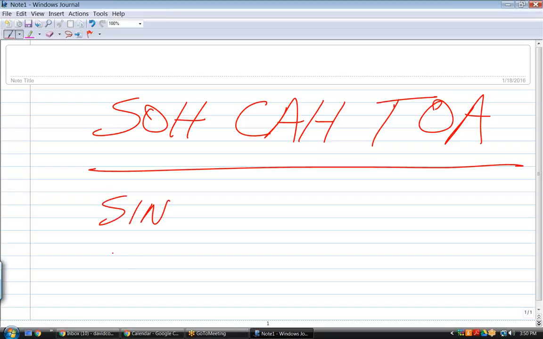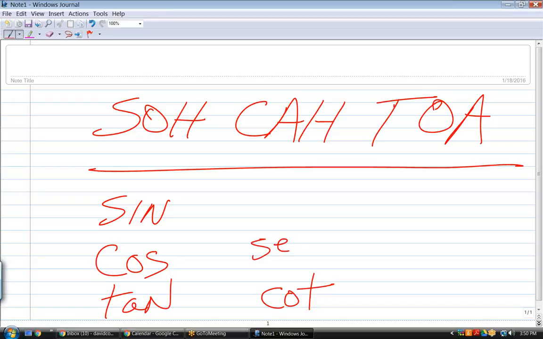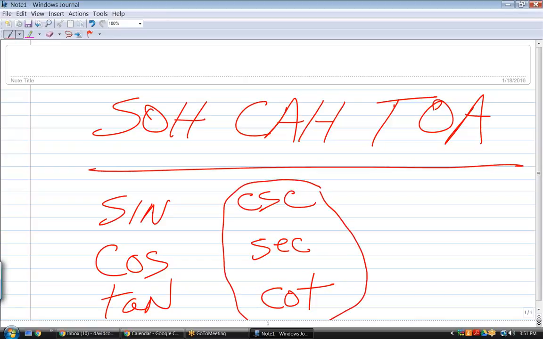Okay? Sine, cosine, tangent. There's actually 6 trig functions. There's cotangent, there is secant, and there's also cosecant. Well, these were never listed on calculators until they came out with the Inspire.